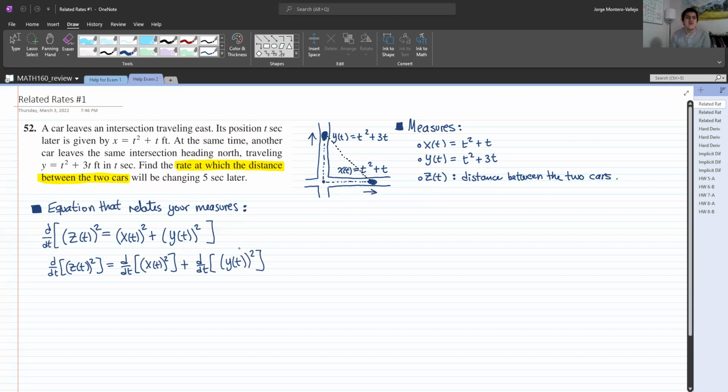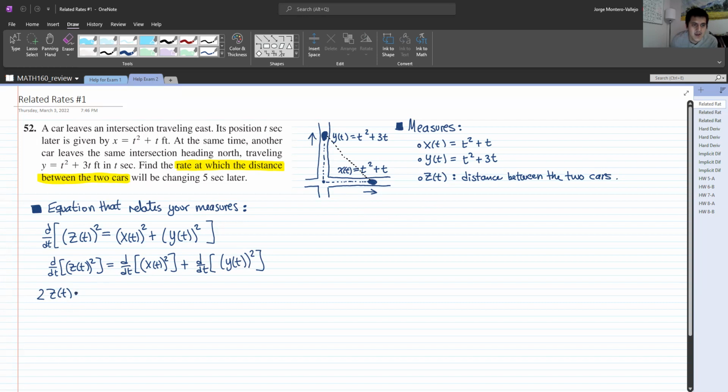Okay. All right. Now I can go use the general power rule, right? Okay. So then I'm going to first do the power rule, which tells me that the 2 in the power comes multiplying in the front, right? The new power of z of t is 2 minus 1, 1. But I'm not going to write power 1.